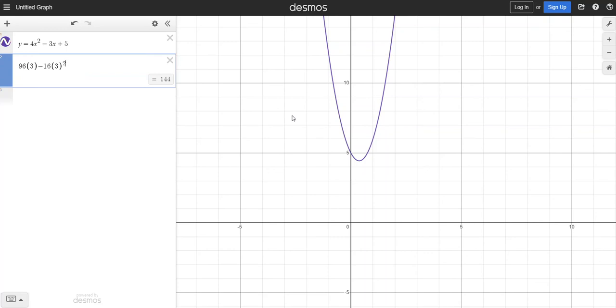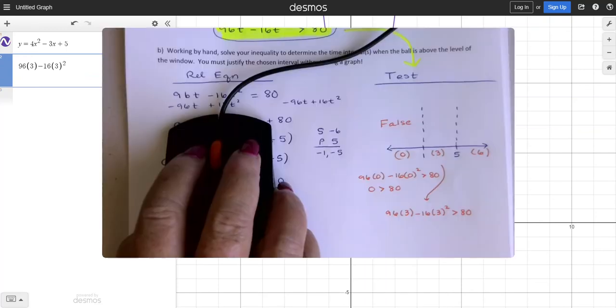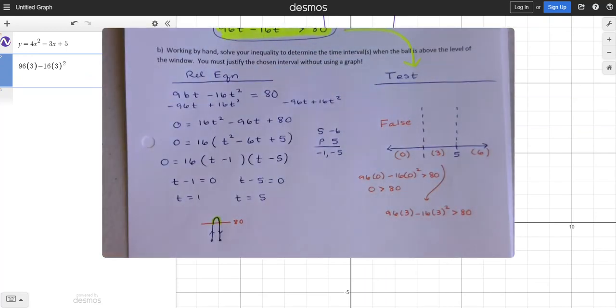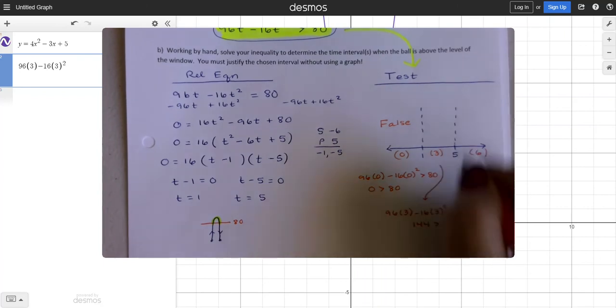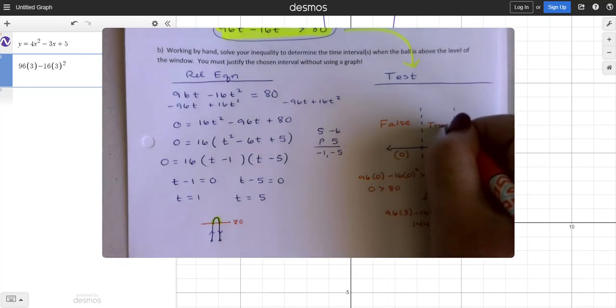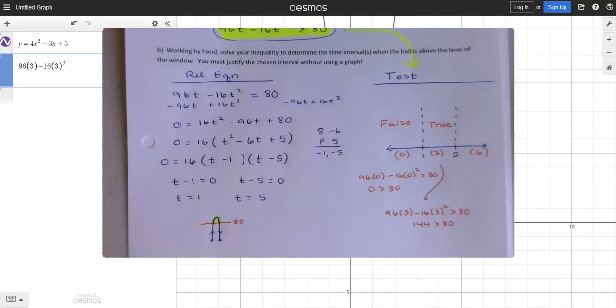That's 144, which certainly is greater than 80. So as expected, this section from 1 to 5 is true.